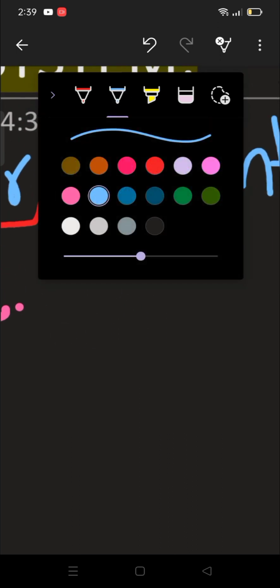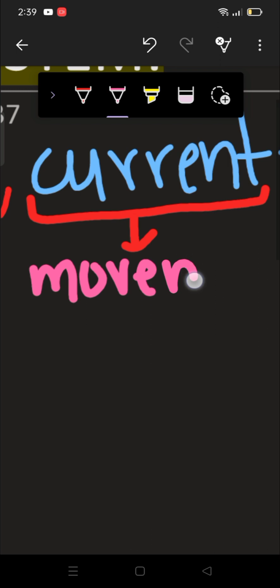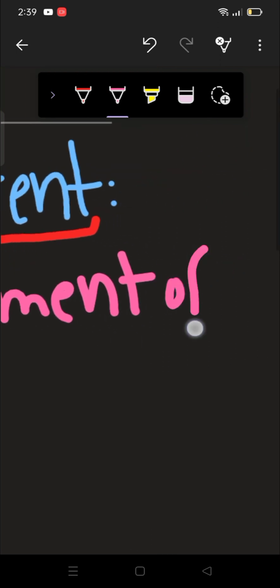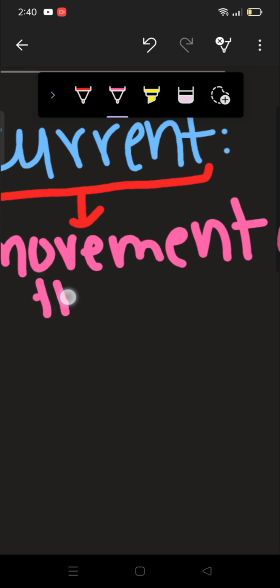And current, here in biology, means the movement of a liquid. It is the movement of the liquid.